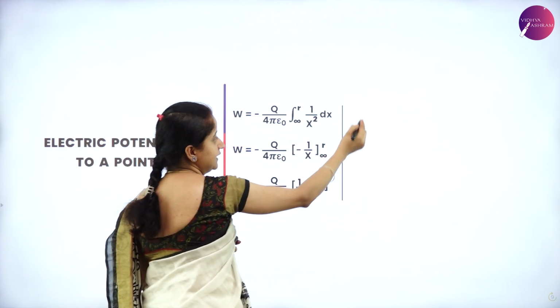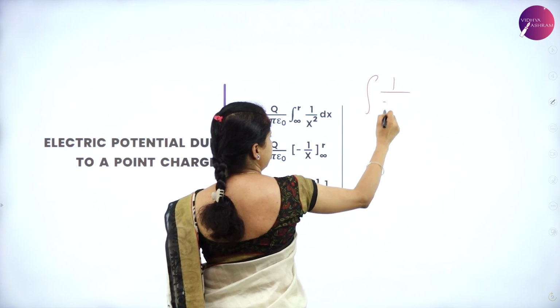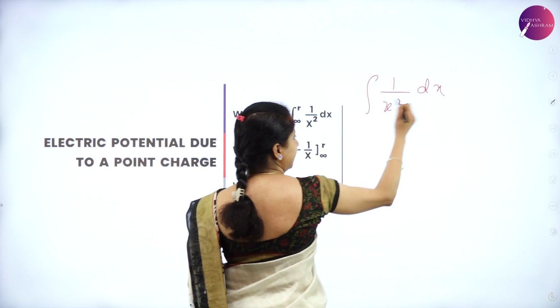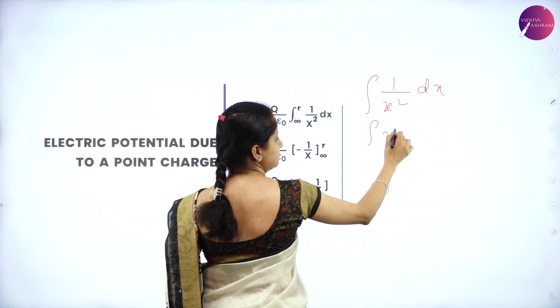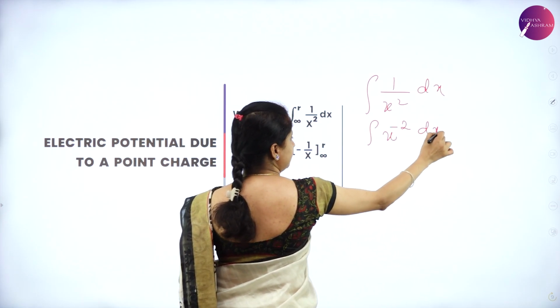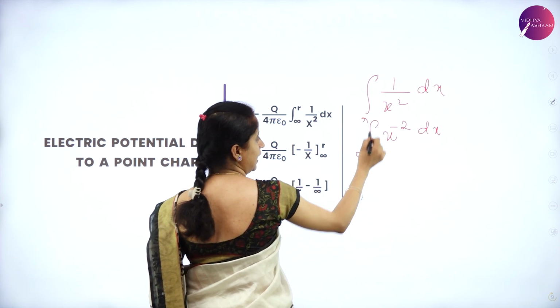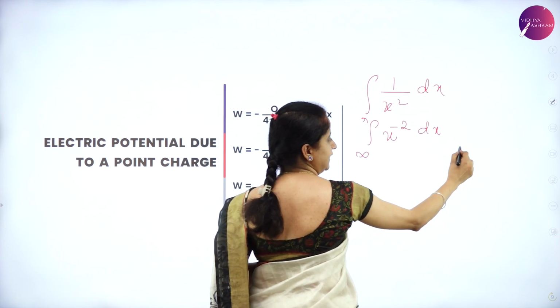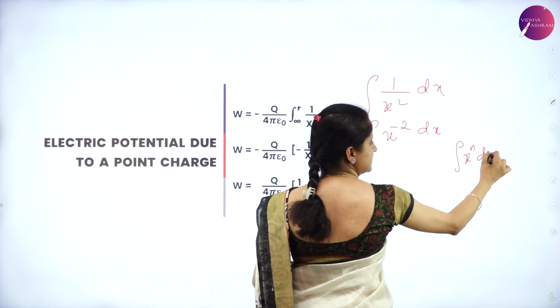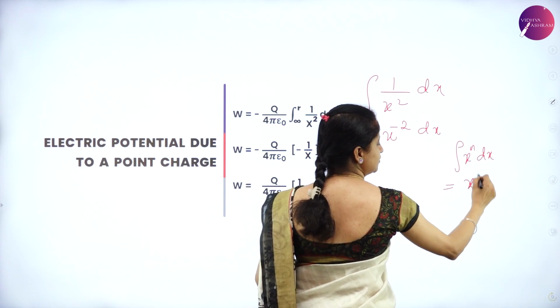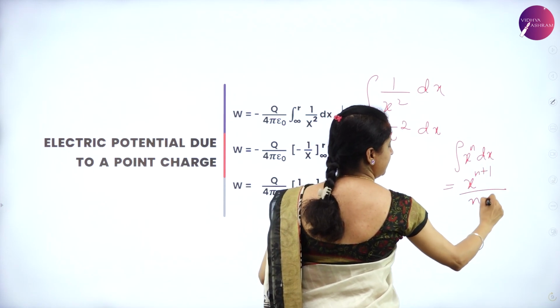Now we have to integrate this part. So we have 1 divided by x square dx. I can write this as integral of x power minus 2 into dx from the limits infinity to R. Now this is of the form integral of x power n dx, and that is equal to x to the power n plus 1 divided by n plus 1.